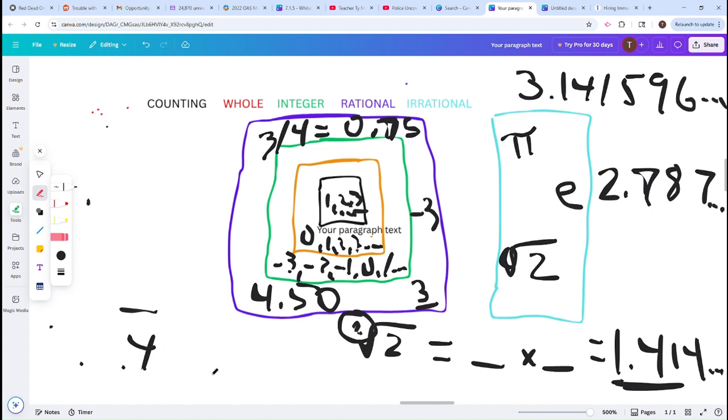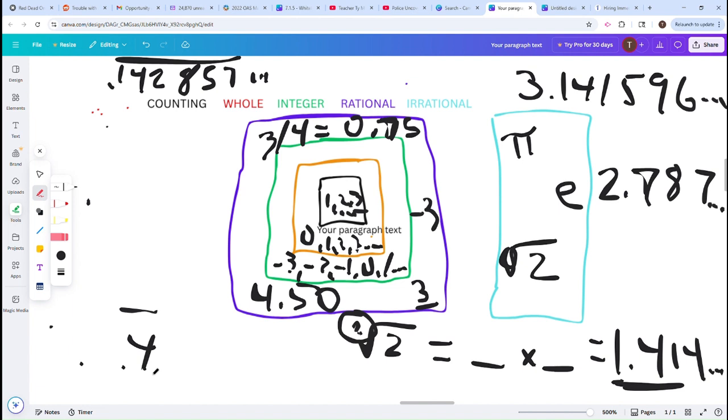It repeats on and on and on. 0.142857, when you divide by 7, that whole series of numbers repeats. 142,857, 142,857.